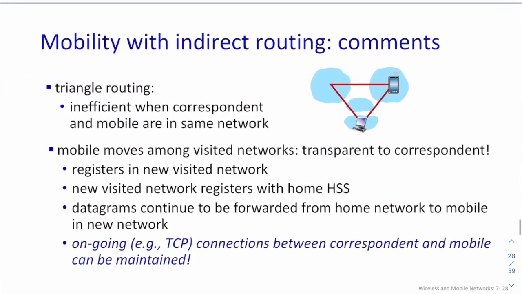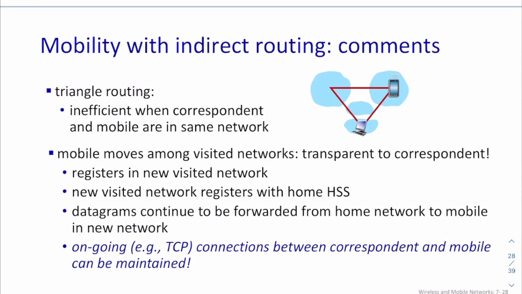But for indirect routing, there's always a triangle between the correspondent, you, and your home network. So that is apparently inefficient.